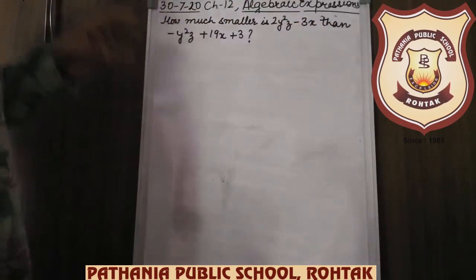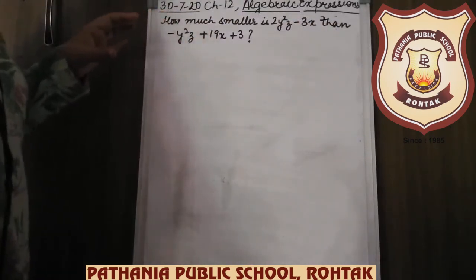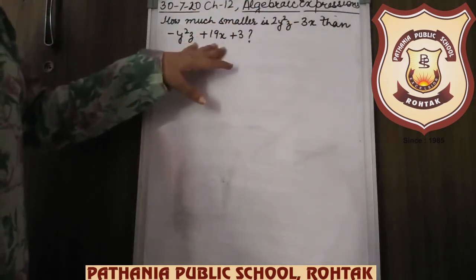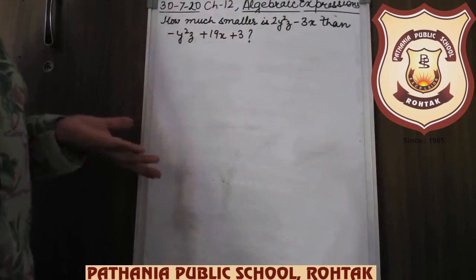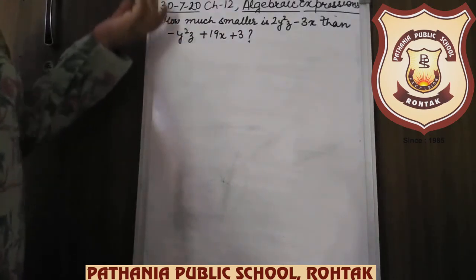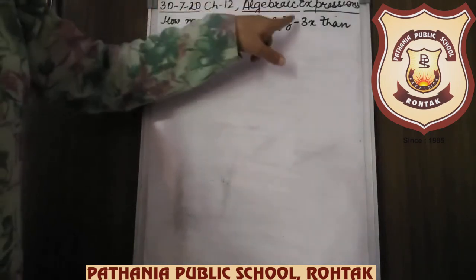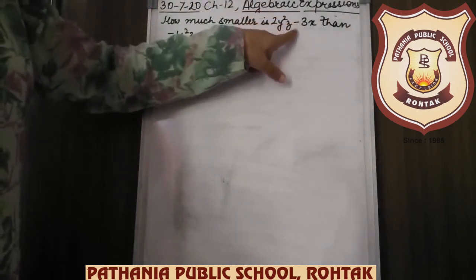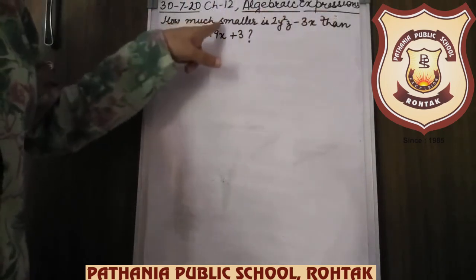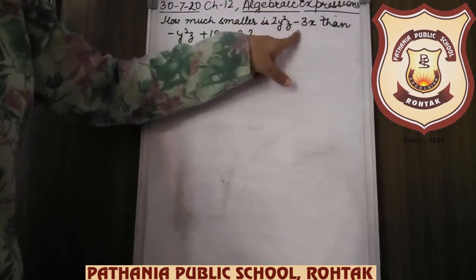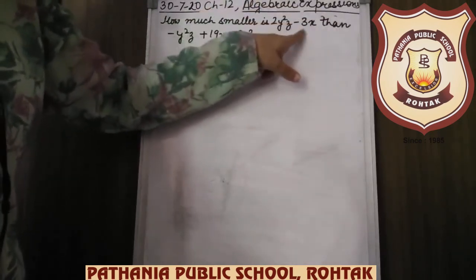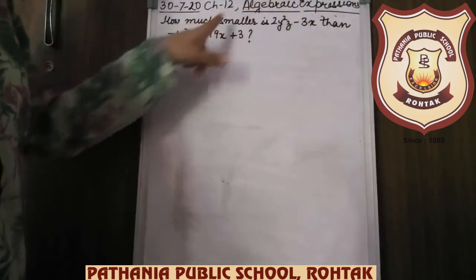So what I told you, to understand your question, instead of taking the whole algebraic expression, just write natural numbers. So, can I say how much smaller is 5 than 7?